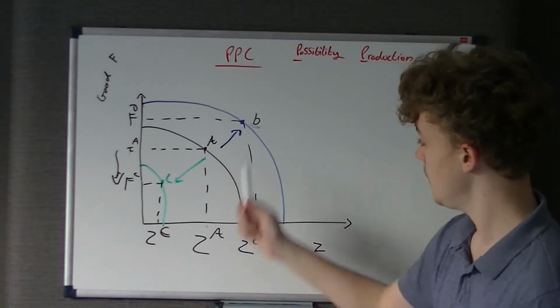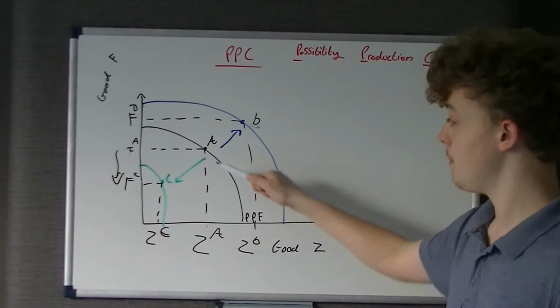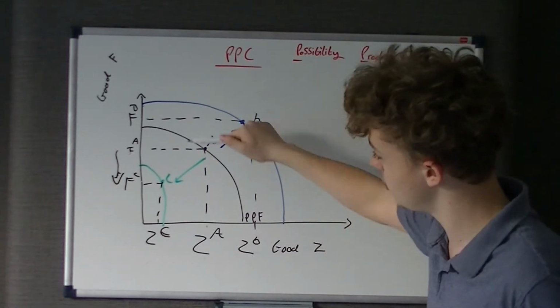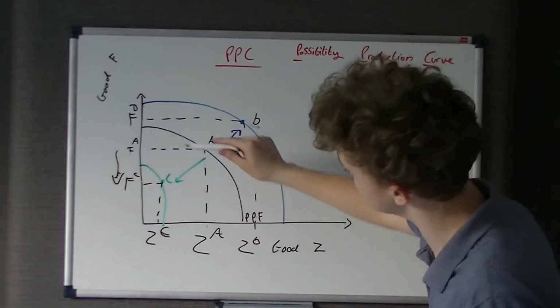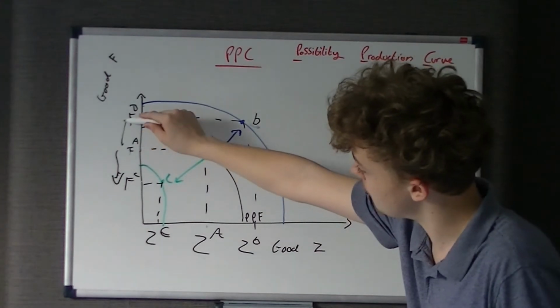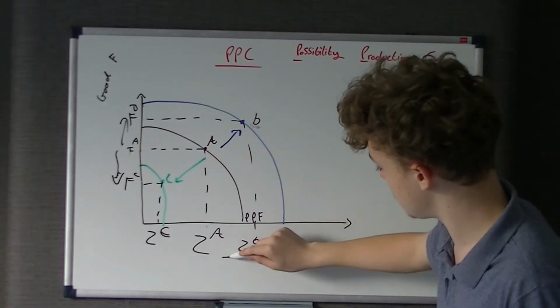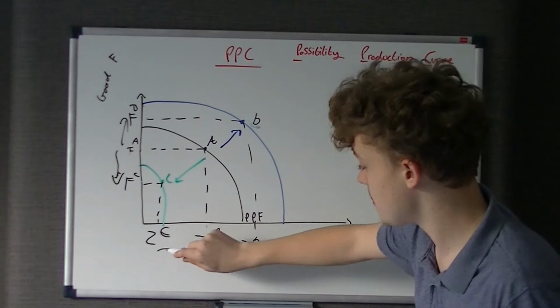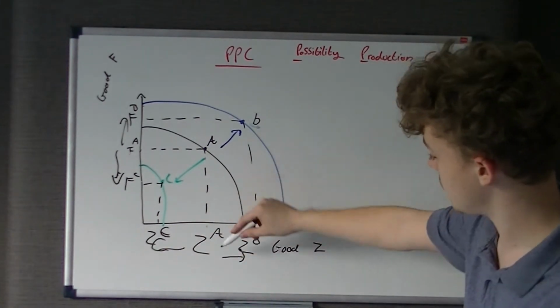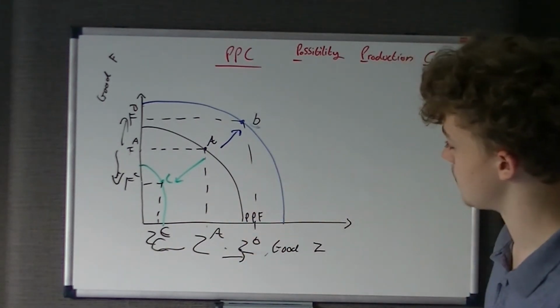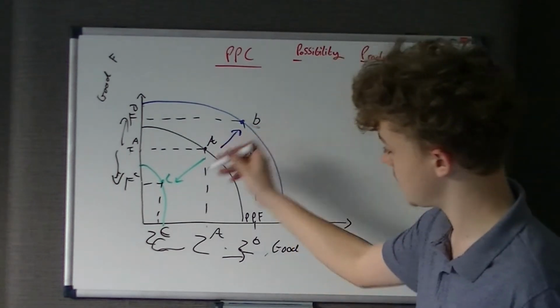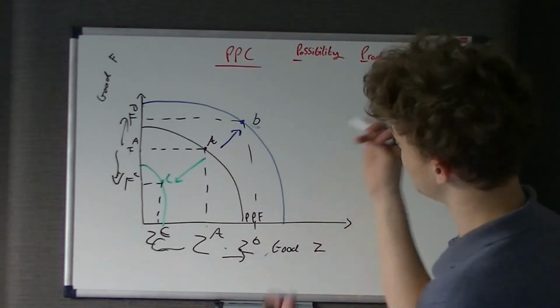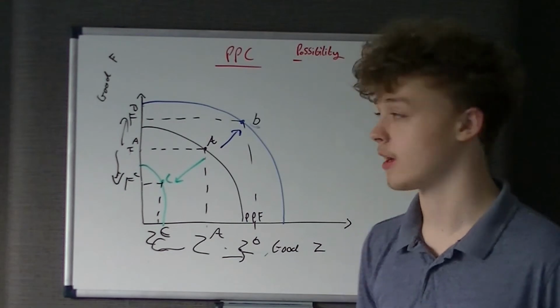However, if we're moving outwards, this is positive economic growth, we're producing more of both goods and services. So we move from FA to FB, and from ZA to ZB. Now, A to C, negative economic growth. A to B is positive economic growth.